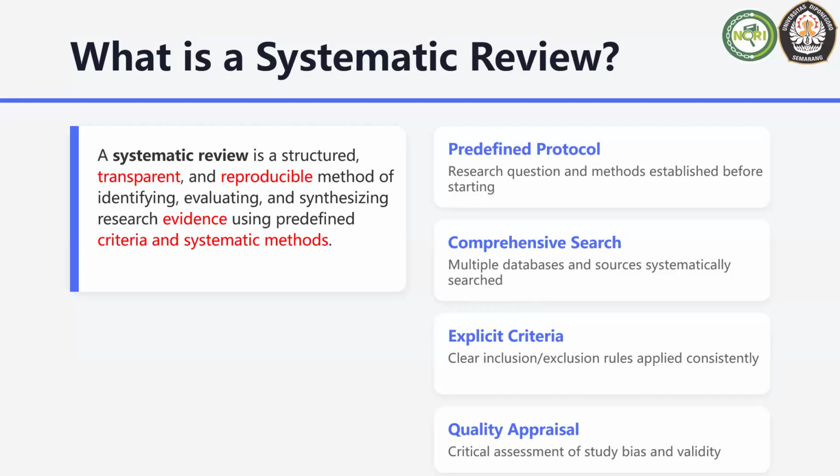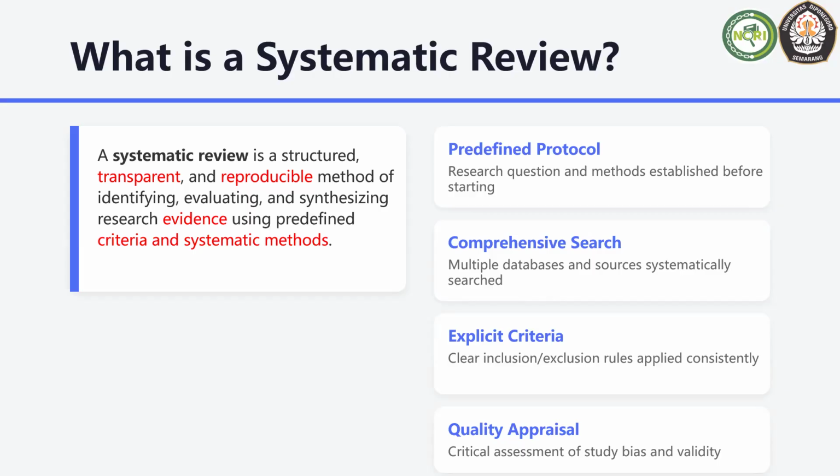It should be really transparent: whatever step you take should be very well documented, with the rationale for why you're taking that path and not the other. It should be reproducible in a manner that if I carry out the same procedure, the same steps you've taken, I should be able to have a similar number of the articles that you found in a specified database.